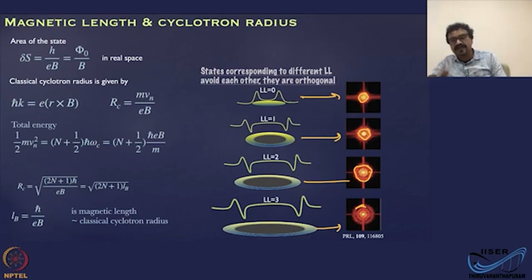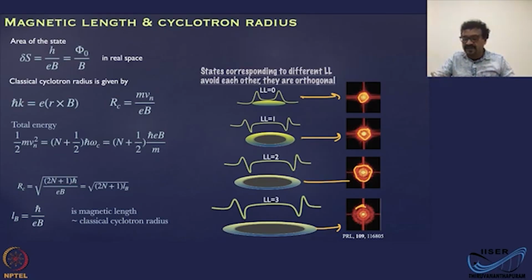This is the mapping of the density of states by tunneling experiment. And as you can also see here, there is no overlap between different Landau levels, because these are energy eigenstates of the Hamiltonian, which are orthogonal. So they don't cross each other, there is no overlap.